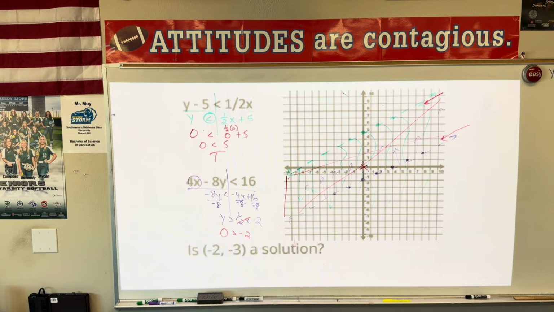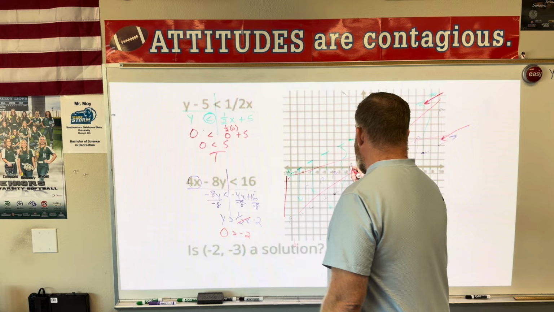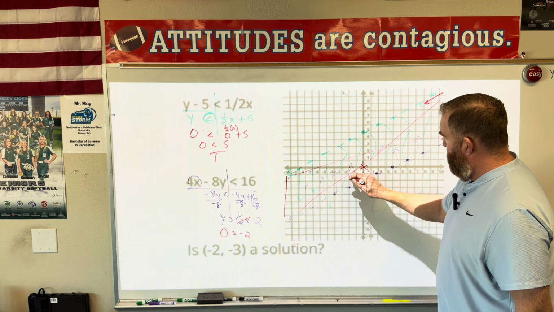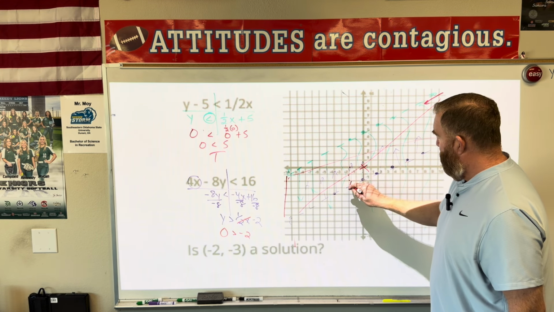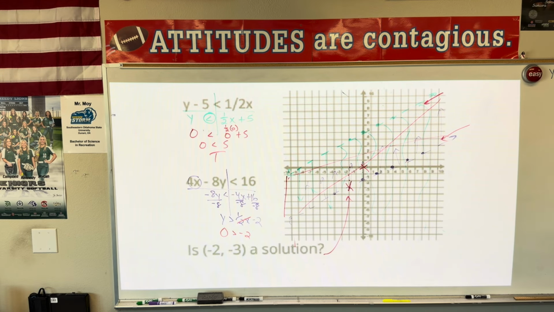Fair? Everybody understand that? Is -2, -3 a solution? So let's go to -2, -3. -2, and then down 3. 1, 2, 3. Here's that point. Is that a solution? What is it on? It's on a dashed line. So is it a solution? No, it is not.